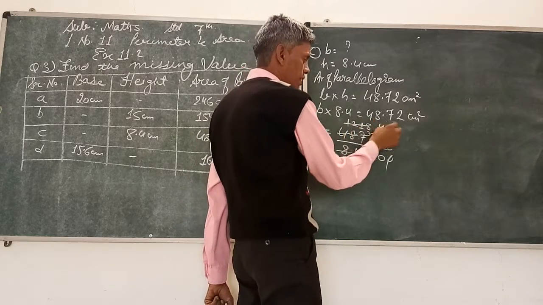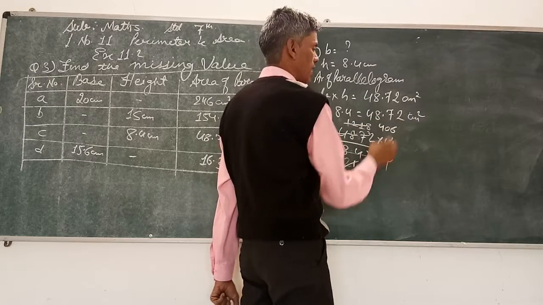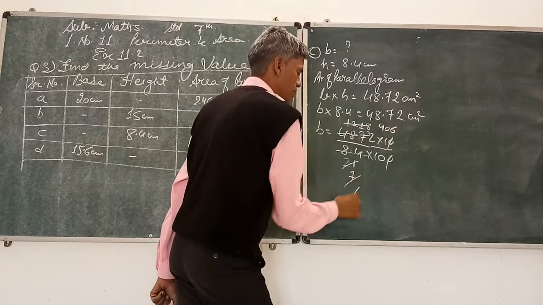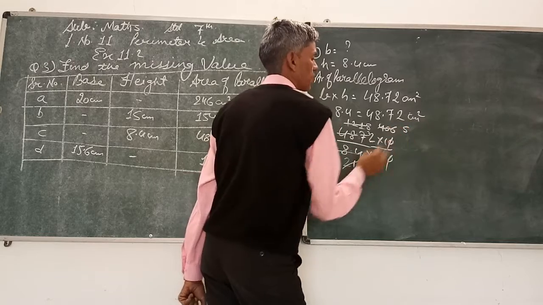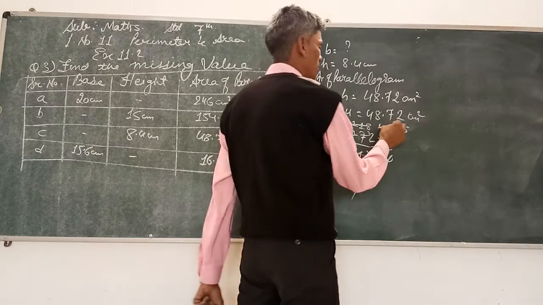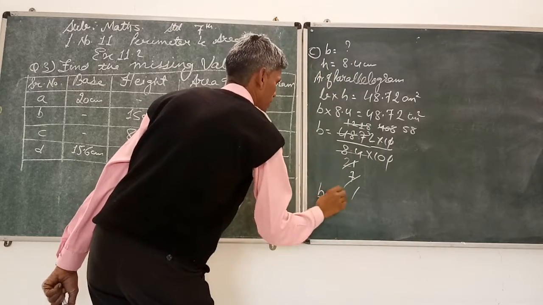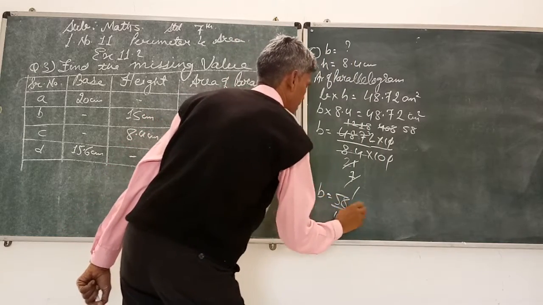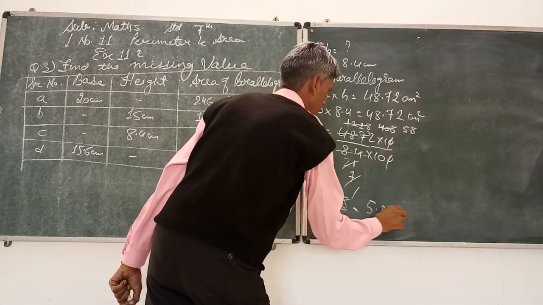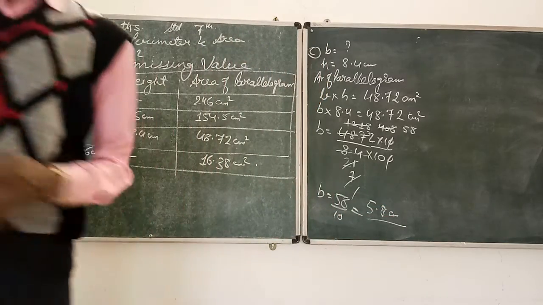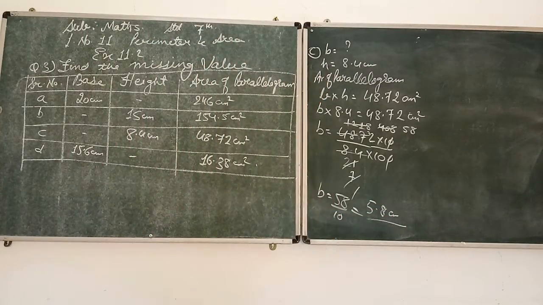So we will write 0 here, and 18. 3 6 are 18. 7 1s are 7. 7 5s are 35. 40 minus 35 is 5. 7 8s are 56. So base is 58 upon 10. That means 5.8 centimeter. Base is 5.8 centimeter.